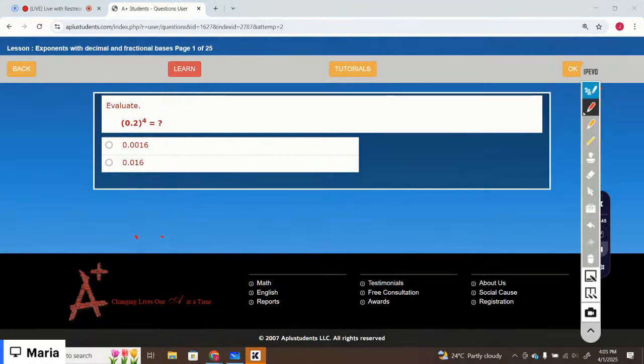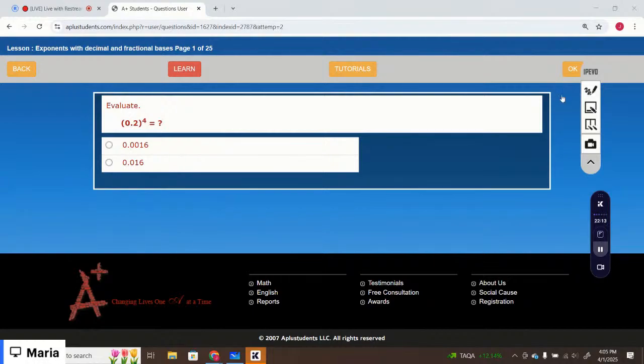0.2 exponent 4 means you have to multiply 0.2 four times: 0.2 times 0.2 times 0.2 times 0.2. So which is the correct option? Option number 1 is the correct option. That is 0.0016.